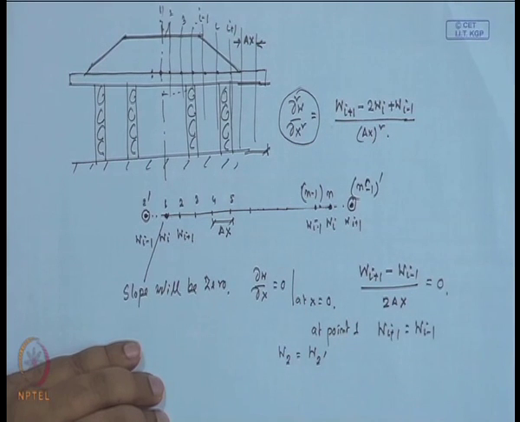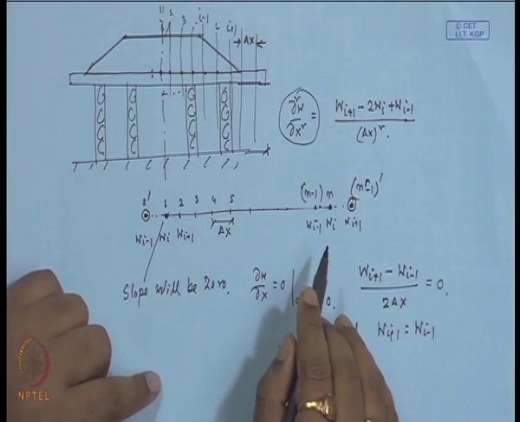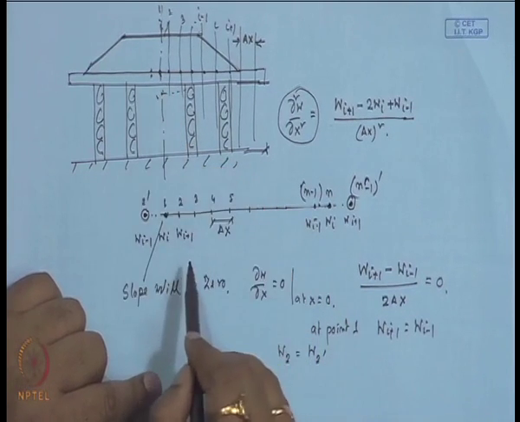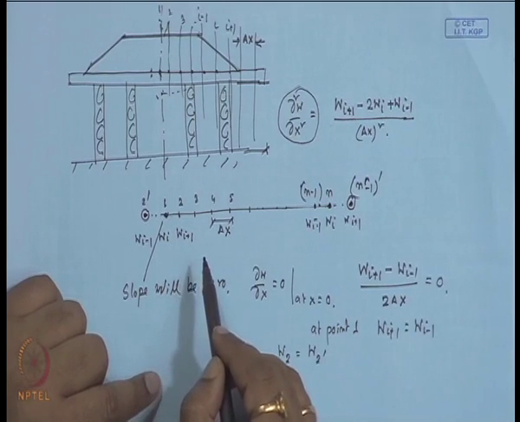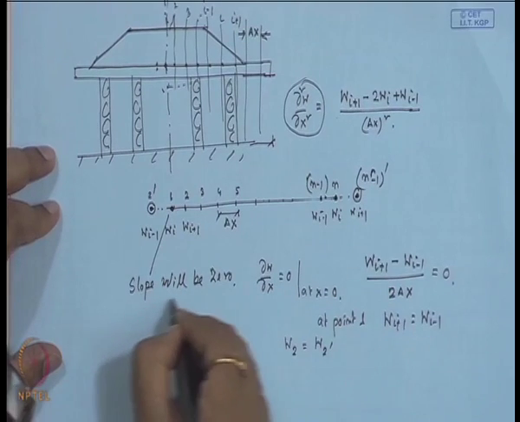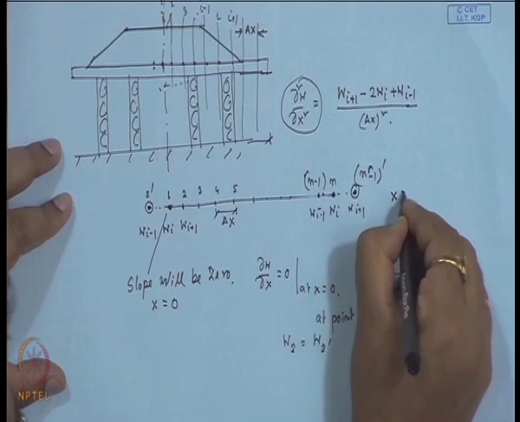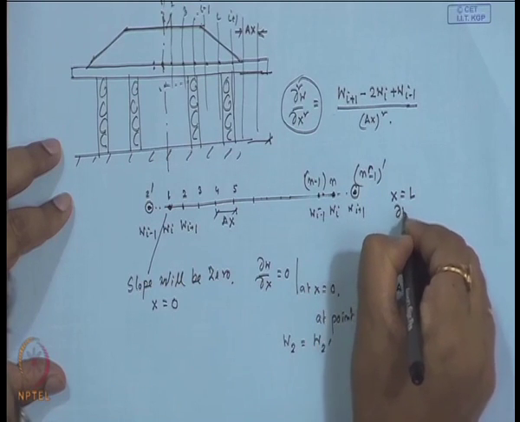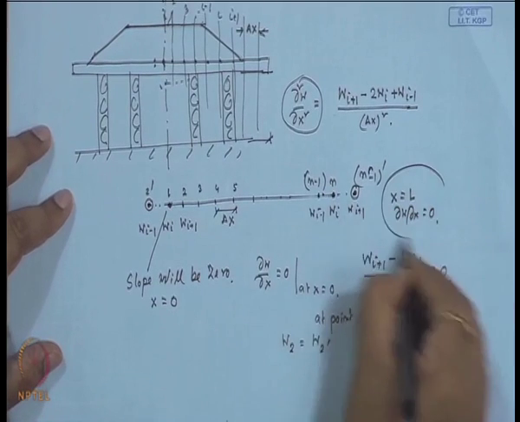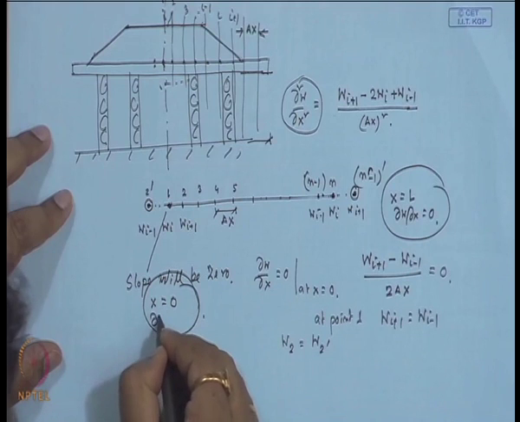So, we use the boundary condition that the slope at x equal to 0 is 0, and similarly at x equal to L, del w del x equal to 0.